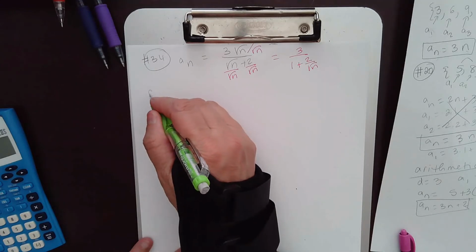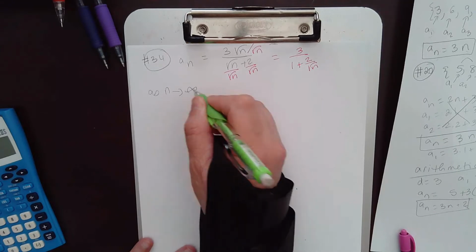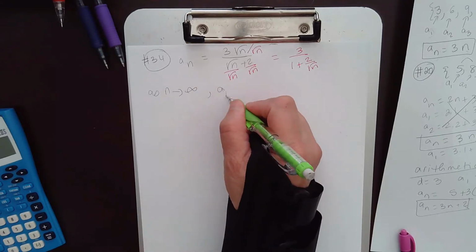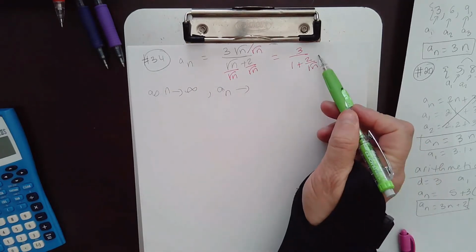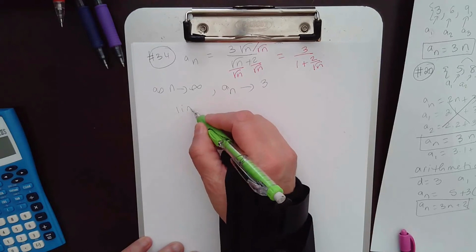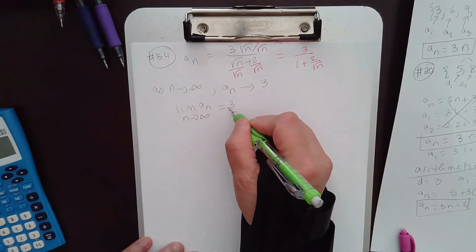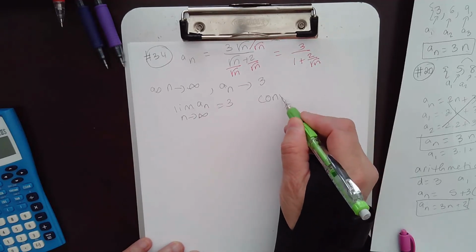This is going to get 0, so 3 over 1. an approaches 3 as n approaches infinity. Another way of saying it, the limit of an as n approaches infinity is equal to 3. So what do we have here? The sequence converges.